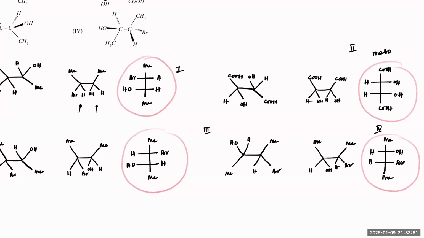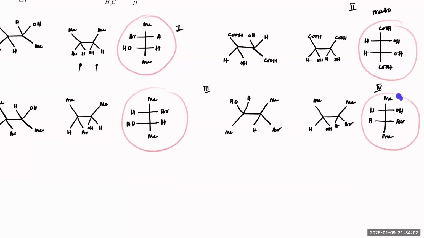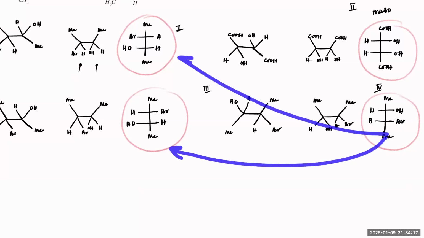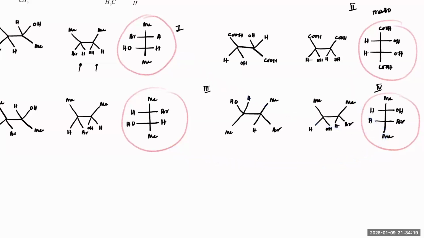Between 1 and 2, only at one position the chirality has changed, which means 1 and 3 are diastereomers. So these two are diastereomers. While here, if you compare this group with any of those, they are still going to be diastereomers only. Methyl, methyl, bromine and OH are on the same side here, but they are not. That is a diastereomer with all of them. It is not the same.